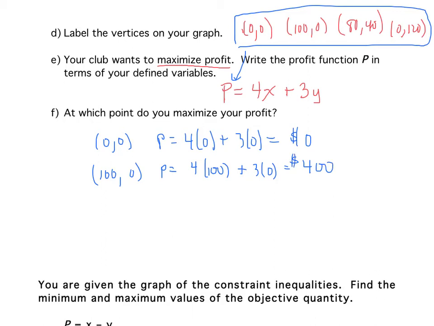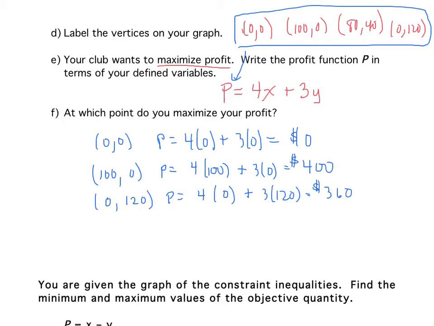On the flip side of that, we could do no t-shirts and just do 120 baseball caps, and 4 times 0 plus 3 times 120 would equal $360 in profit.